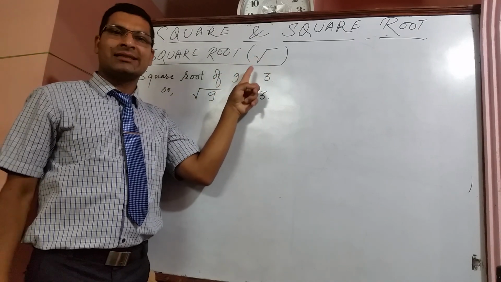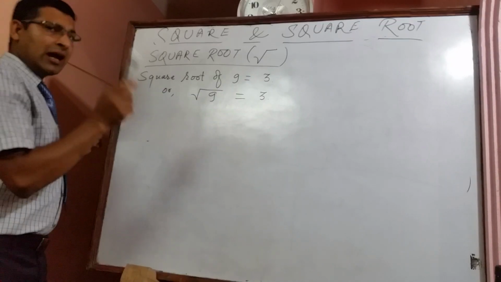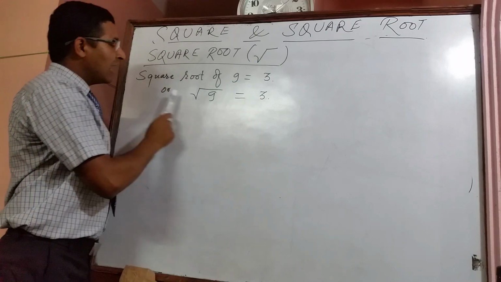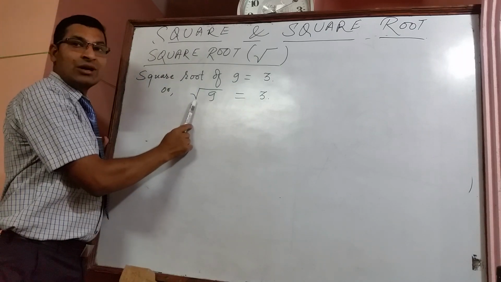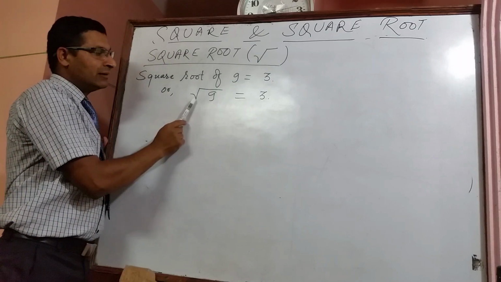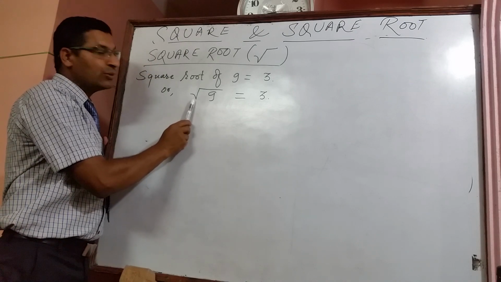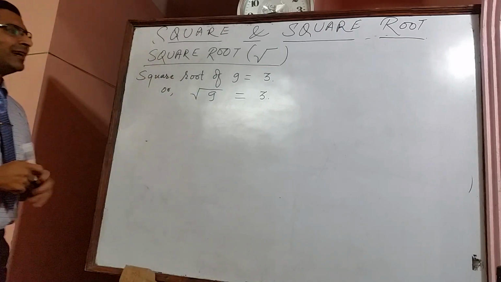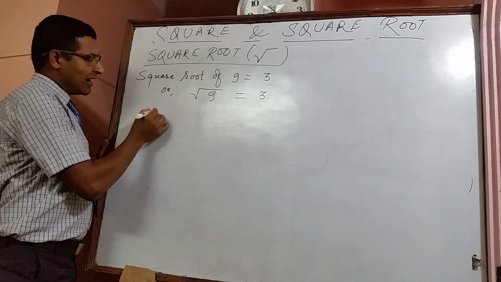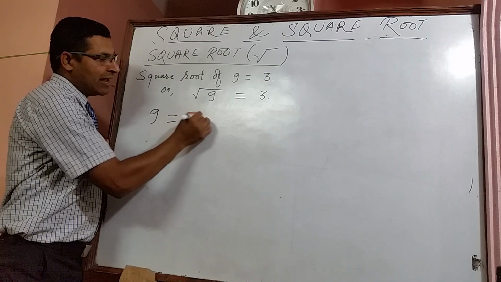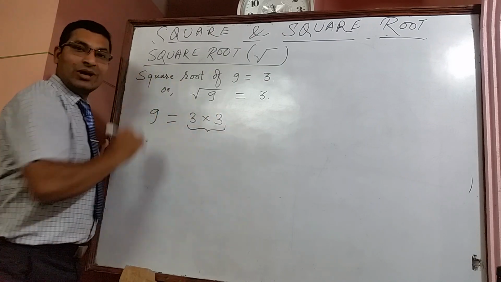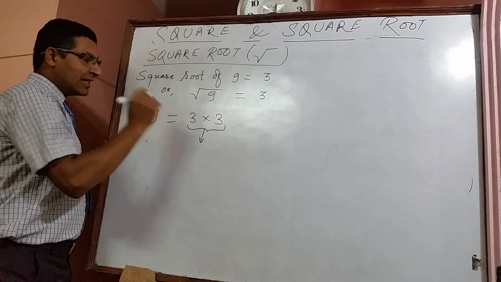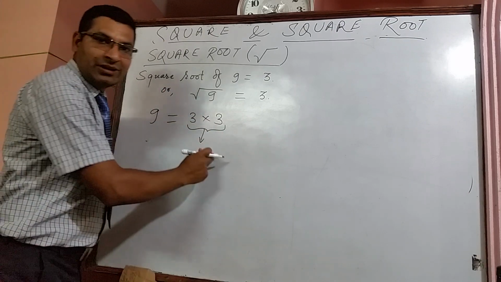It is also called the radical sign. And we know the square root of 9 is equal to 3, and by symbol, square root of 9 equals 3. How to read this? Please see, square root of 9 equals 3. We also know that if 9 can be written as the product of two identical numbers, one of the identical numbers, we write only one, that is the square root of the given number.